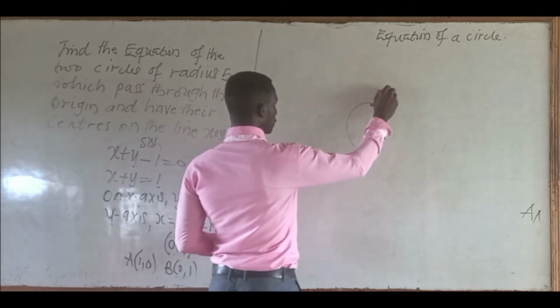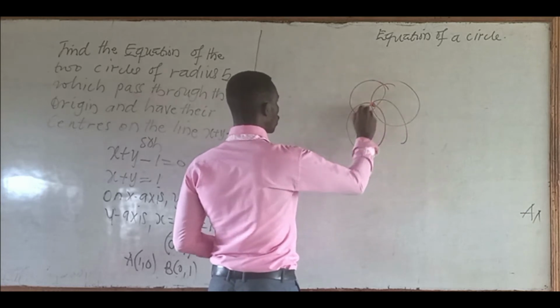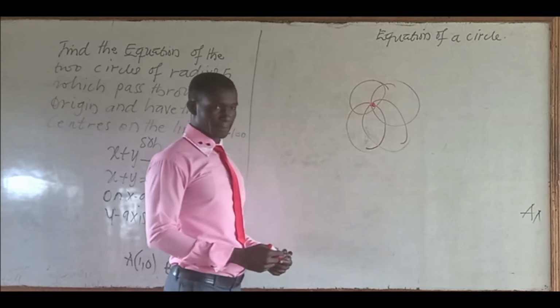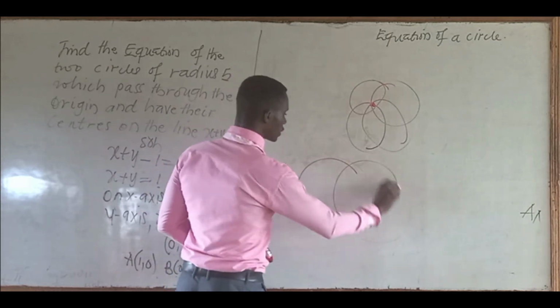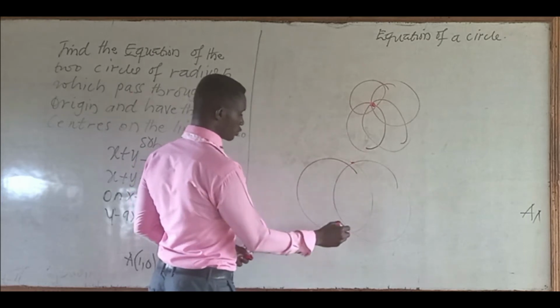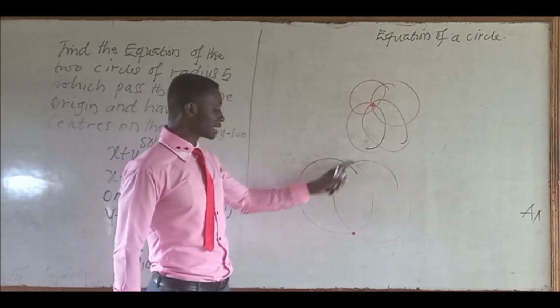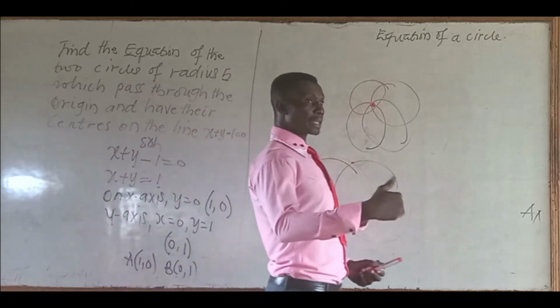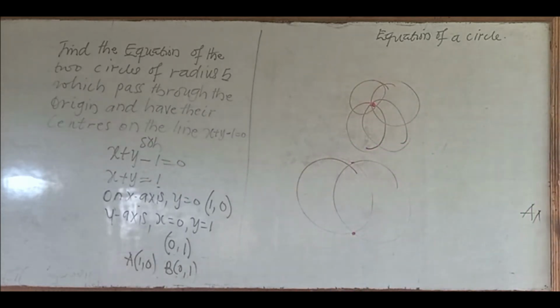But if the points are 2, you can only have 2 circles, because only 2 circles can intersect at 2 points. And if the points are 3 non-collinear points, then only 1 circle can be formed.